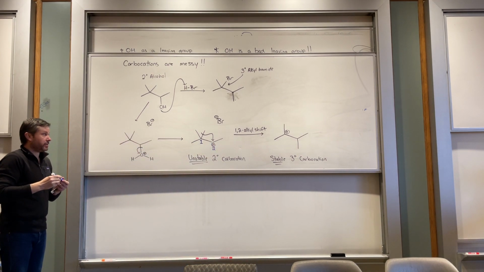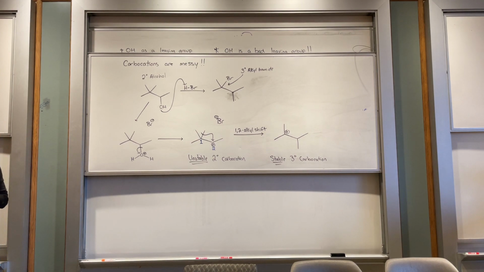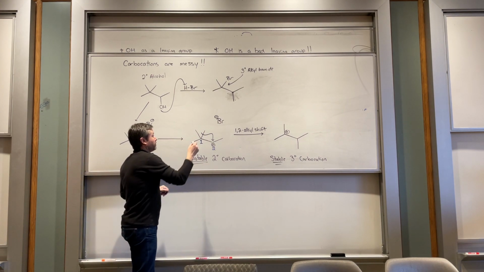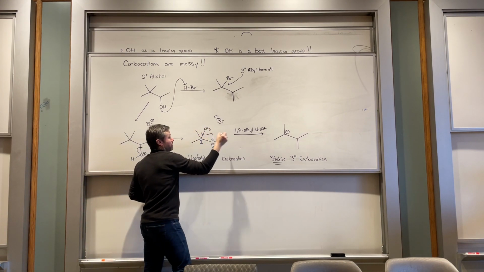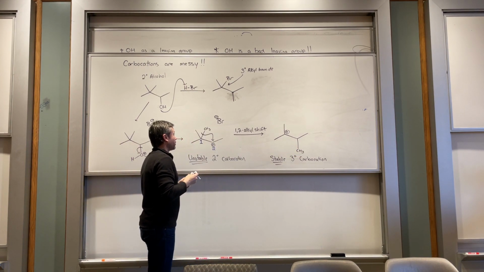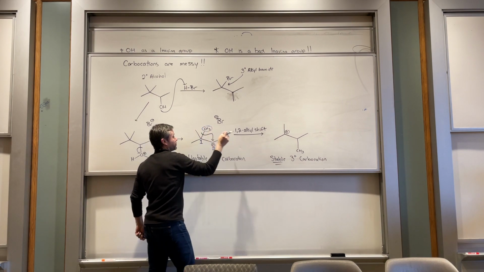This rearrangement is called a 1,2 alkyl shift, or 1,2 methyl shift. Right? And literally this methyl group here becomes the methyl group on the carbon next door.